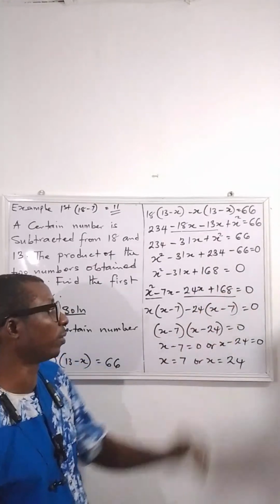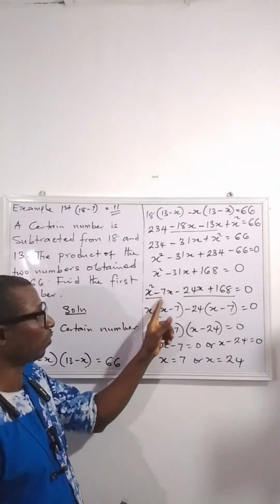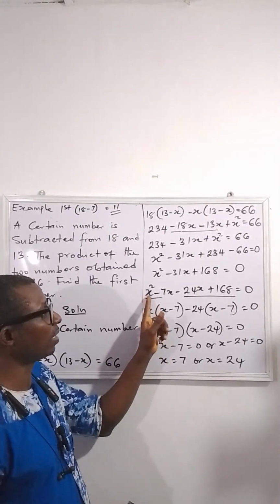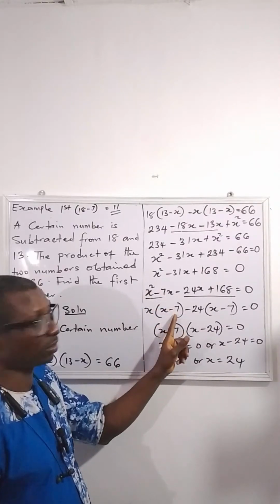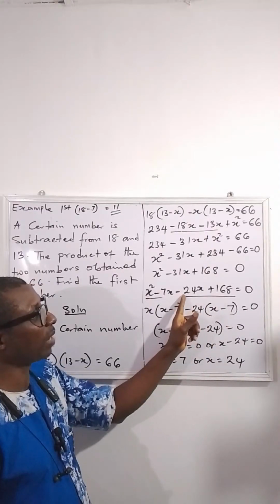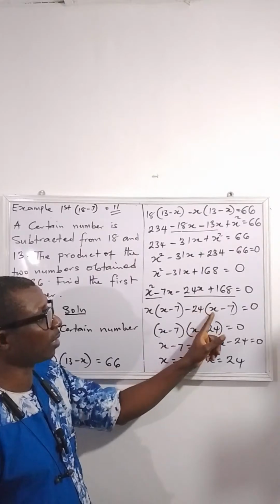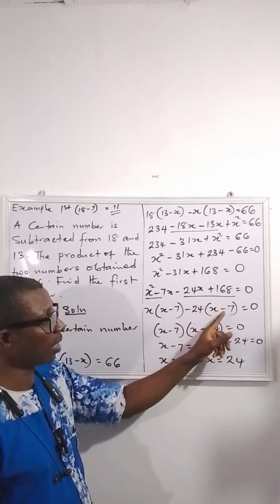Okay, so you have plus 168 equals 0. All right, so look at the first pair, we factor out x. When you divide this by x, you have x. Divide minus 7x by x, you have minus 7. Here, you factor out minus 24. Divide minus 24x by minus 24, you have x. Divide 168 by minus 24, you have minus 7.